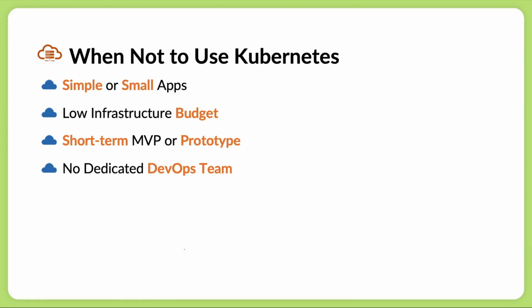So if you are running a small application, you have a low budget, or a short-term prototype, or you don't have the expert, then you should not be using Kubernetes. Kubernetes is powerful, and it is for the right kind of application, like our book review application. When you need to manage hundreds of containers, Kubernetes is the best solution and we need it.